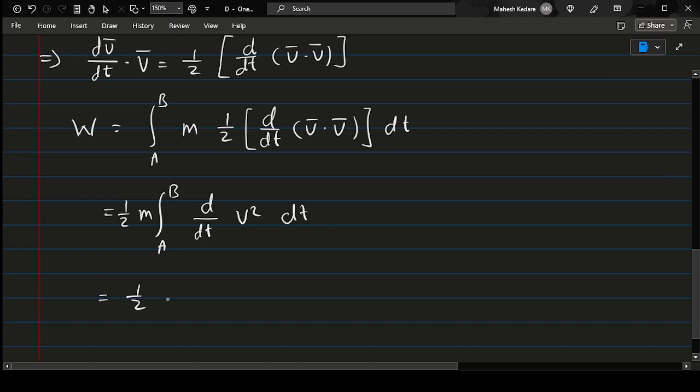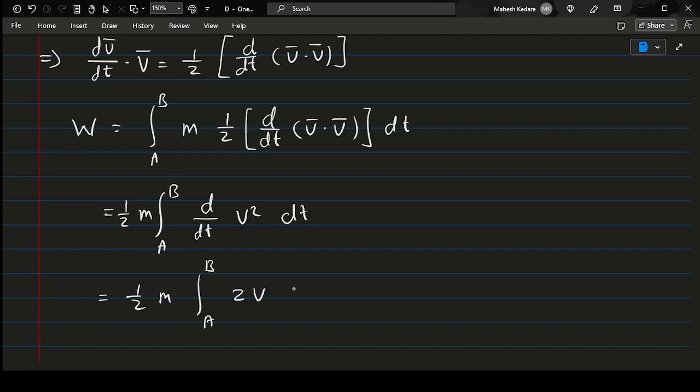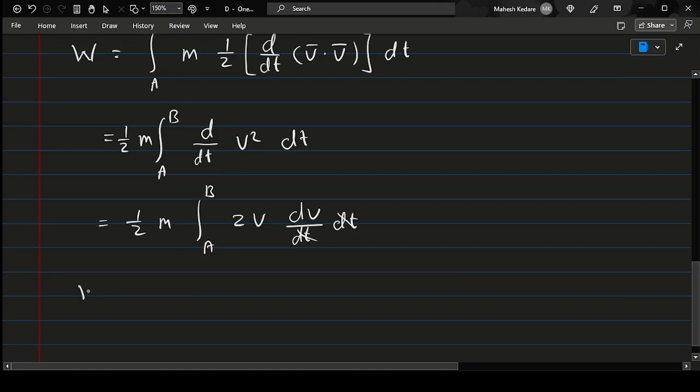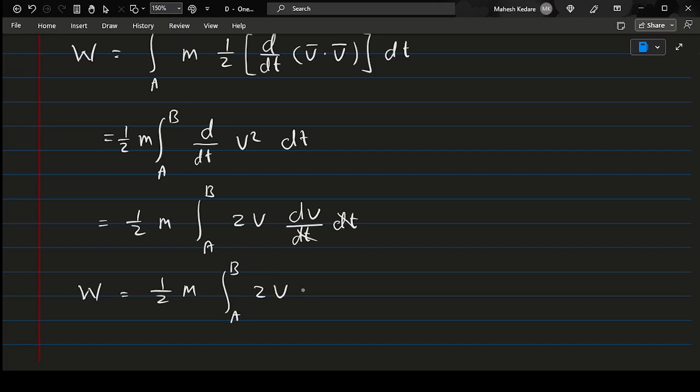In the next step, we write integration from A to B. Derivative of v square with respect to time is 2v dv by dt. These are the simple results known from calculus. dt gets cancelled and we get work equal to half m integration from A to B of v dv.